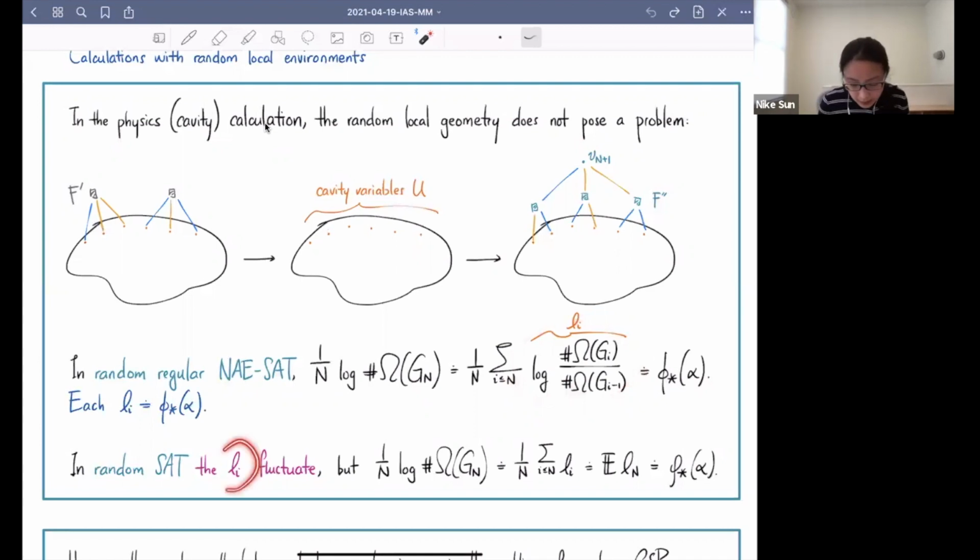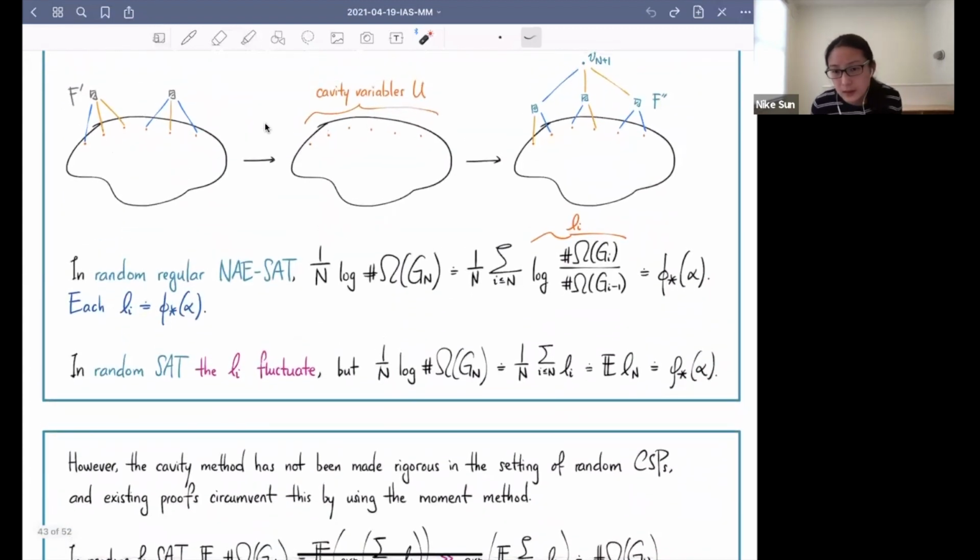So the L_i will fluctuate across the different i, but the point is that you're taking an average over many L_i, and you expect the average to concentrate around, again, the replica symmetric value. So this is the only way in which the physics calculation will differ between these two models, but it's quite similar.